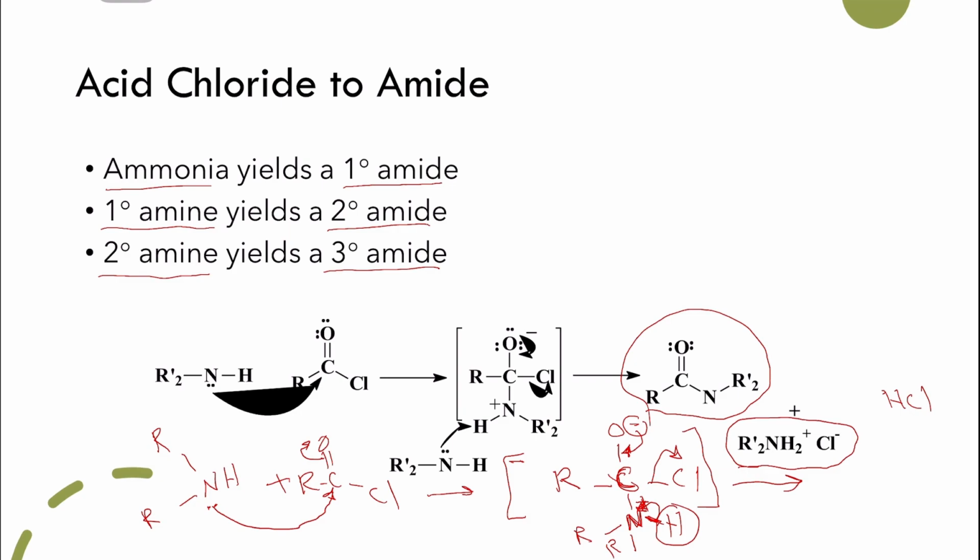So we need to have some hydrogen attached to the nucleophile. A tertiary amine is a nitrogen that has three R groups. There is no hydrogen here, so the reaction will not proceed.